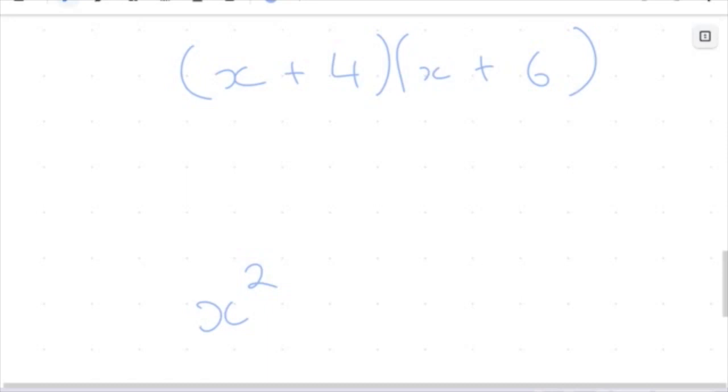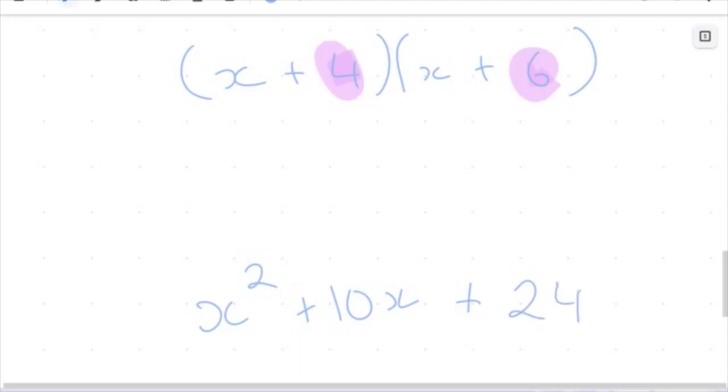My middle term is going to be a sum of this term and this term. My b, I should say, so the b in front of x is going to be a sum of those two. And the c is going to be the product of those two. So I'm just going to fill them in now, and we're going to double check when we end up expanding. So this should be 10 and this should be 24.